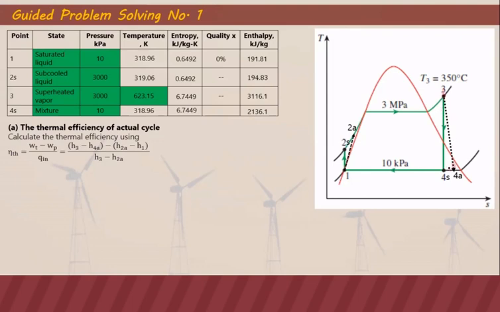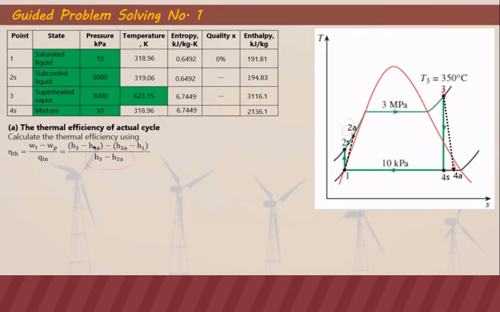Minus the work of the pump, also actual, so H2A minus H1. And for the heat input at the boiler, that is H3 minus H2A. That is the thermal efficiency for the actual cycle. We're going to use the actual points.